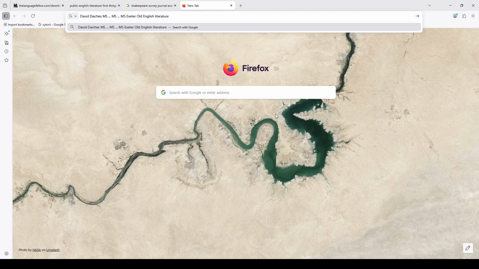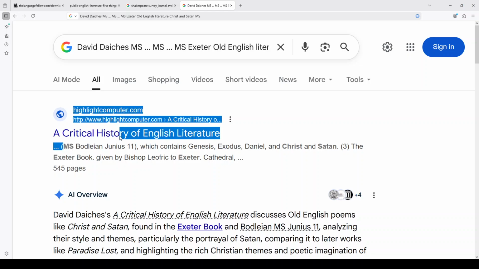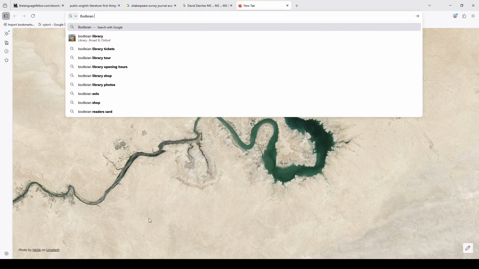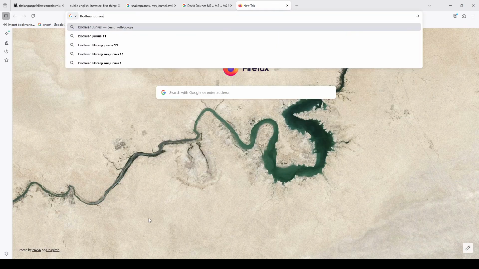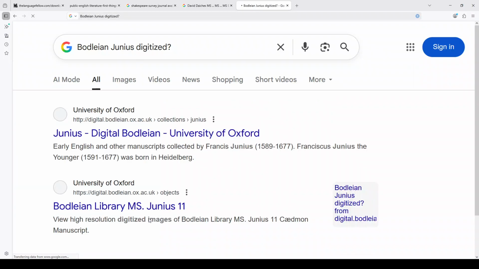So Christ and Satan is one of them. Christ and Satan, MS Bodleian Junius. That's Bodleianus. Oxford digitized, if you could ask.